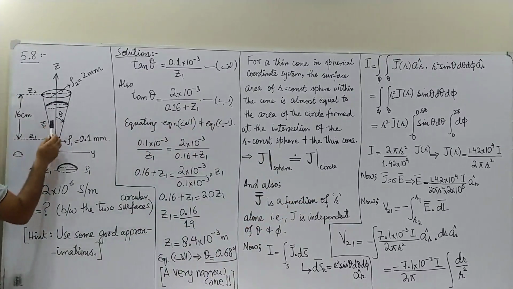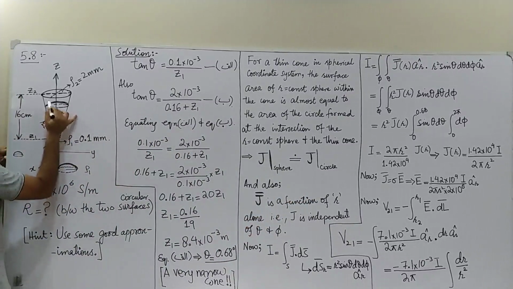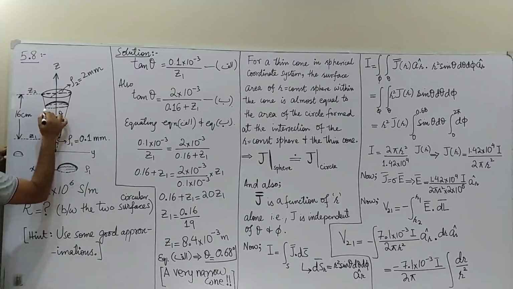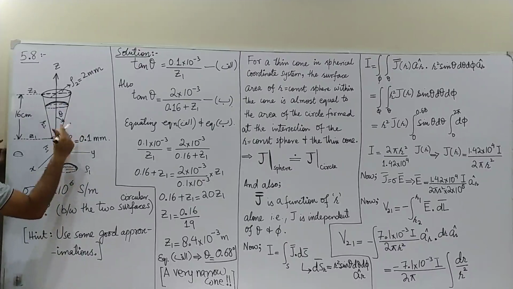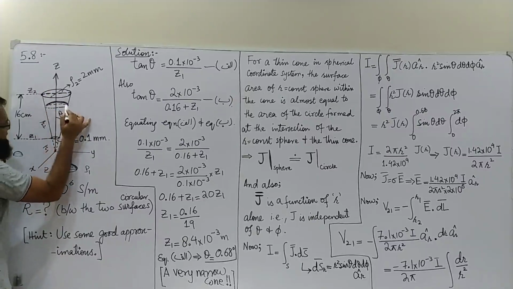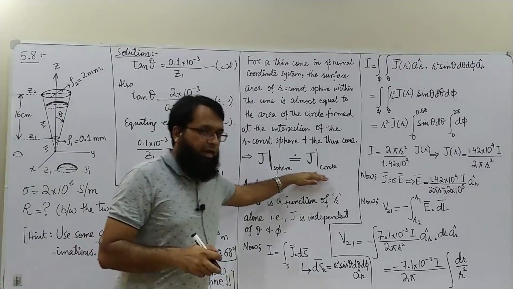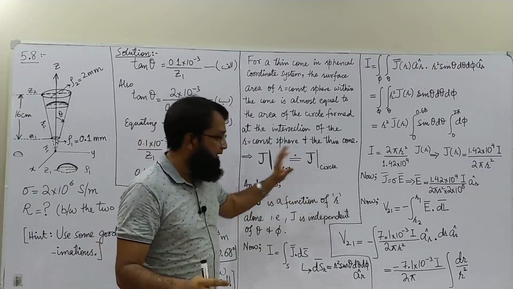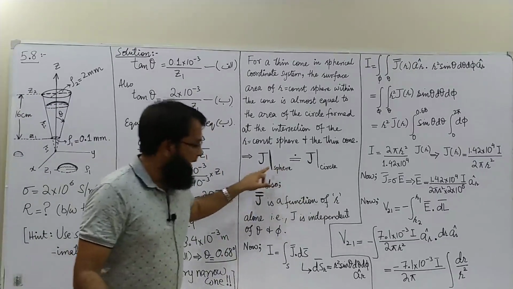We know that the current density is the current flowing through some certain area divided by that area. So since the area of the circle is the same as the portion of the sphere lying within this cone, either you take the current flowing through this cone and divide it by the area of the sphere or by the area of the circle, you will get approximately the same current density, because the two areas are the same. I am talking about magnitudes, all right.